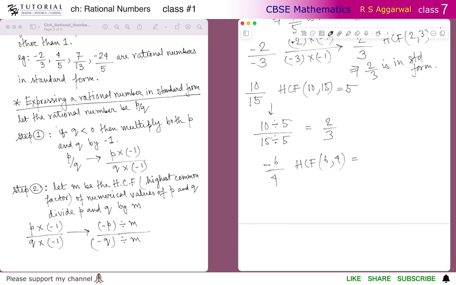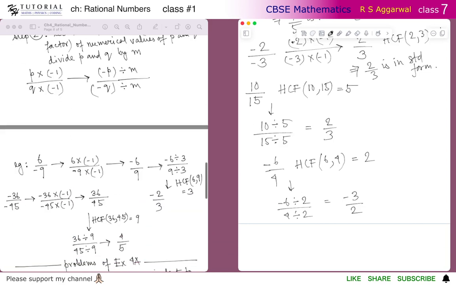So, this is 2. The next step is you divide minus 6 by 2, you divide 4 by 2, and this is minus 3 by 2. So, the rational number minus 6 by 4 has been expressed in standard form as minus 3 by 2. Okay, I hope it's clear.